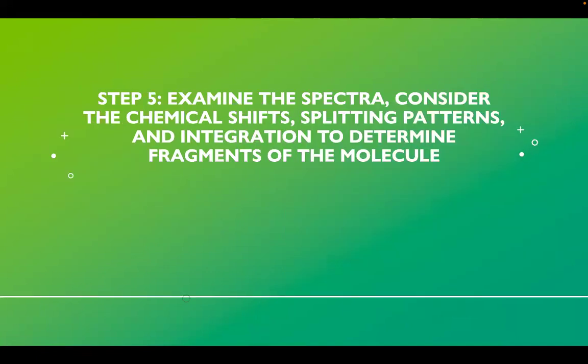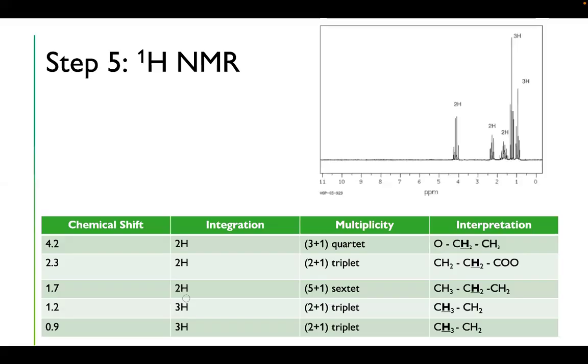The next step is to examine the spectra, consider the chemical shifts, splitting patterns, and integration to determine fragments of the molecule. So we're going to start off with our proton NMR and just analyze each chemical shift. So our first one is at about 4.2. You can see right here that it is representing 2 hydrogens.